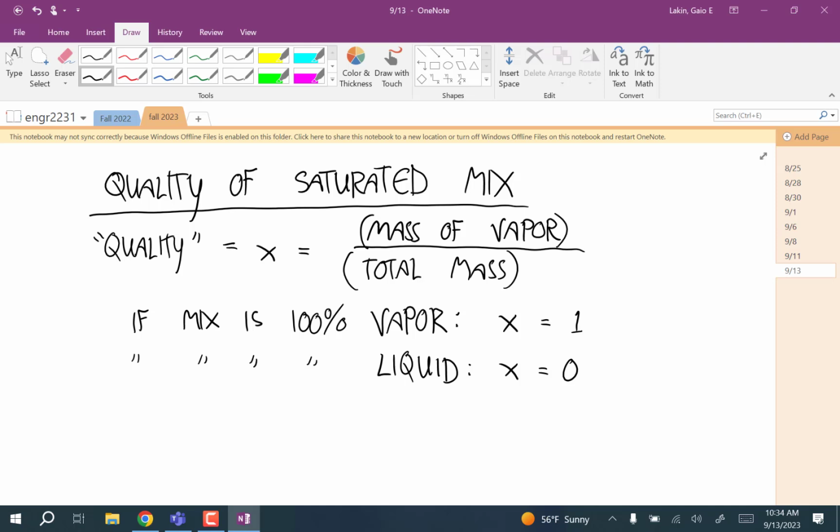So in a sense, this quality is telling you, at that temperature and pressure, how much of this stored energy you have. Think of something with a lot of quality as something with a lot of this invisible stored energy that we can access. If you think of it as an engineer who wants to use that energy, we want something that has a lot of stored energy that we can get at.